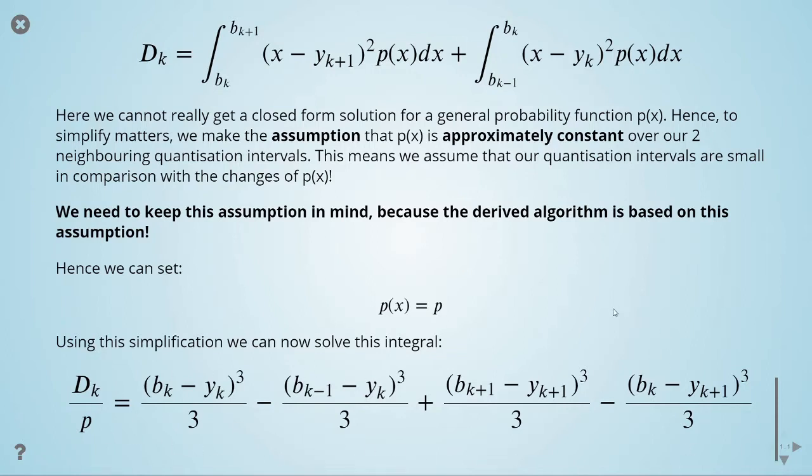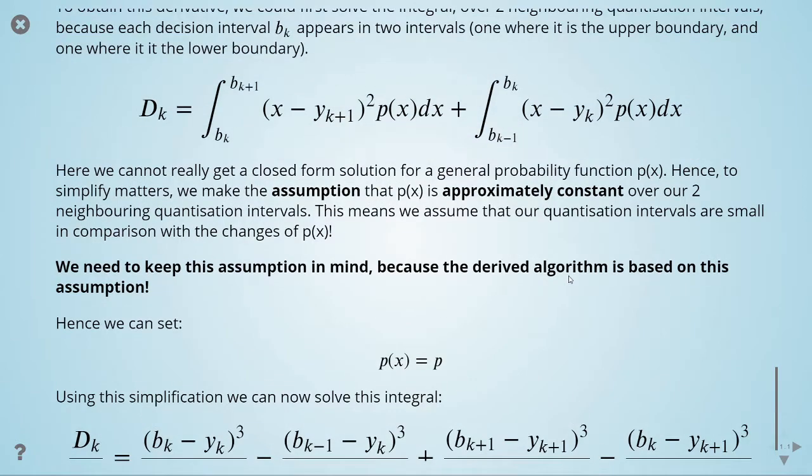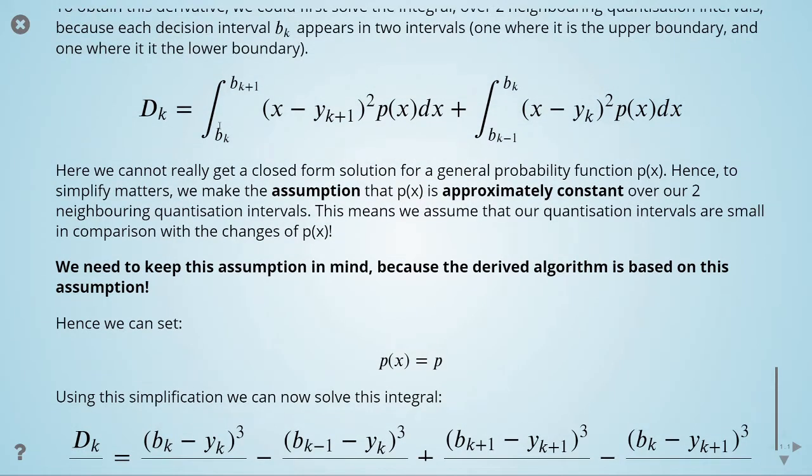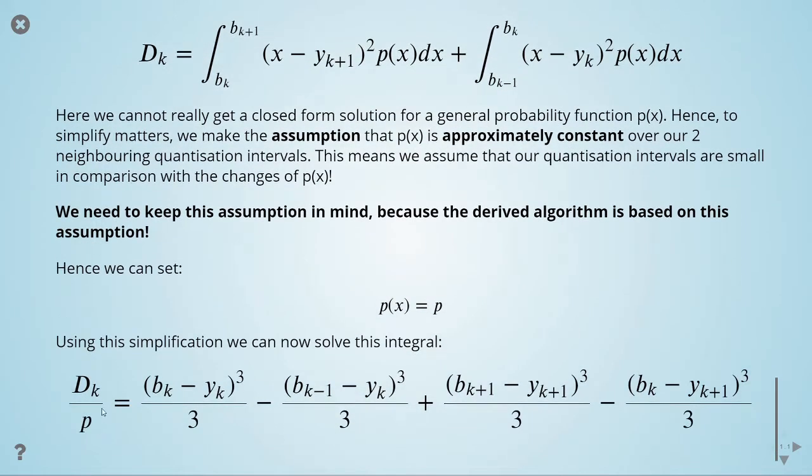So we use this simplification. We assume that the probability function is constant over two neighboring quantization intervals, and we can solve this, and we have d of k divided by p is equal to this equation here.